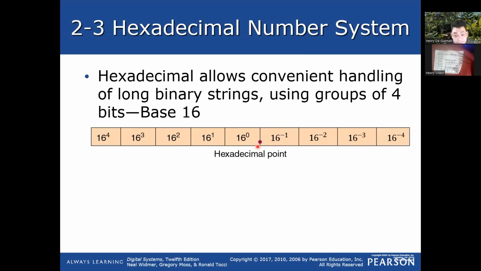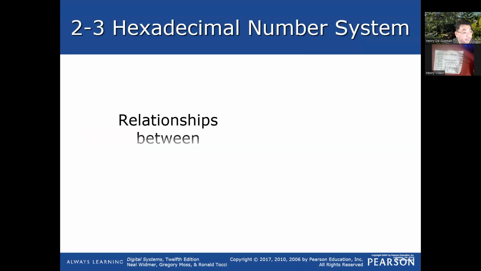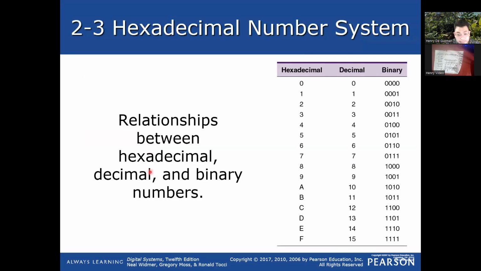Then, pagka naman after na hexadecimal point, not decimal point, not binary point, but this is a hexadecimal point because this is hexadecimal. No? So, ito naman, pa-negative naman pagka merong decimal places.